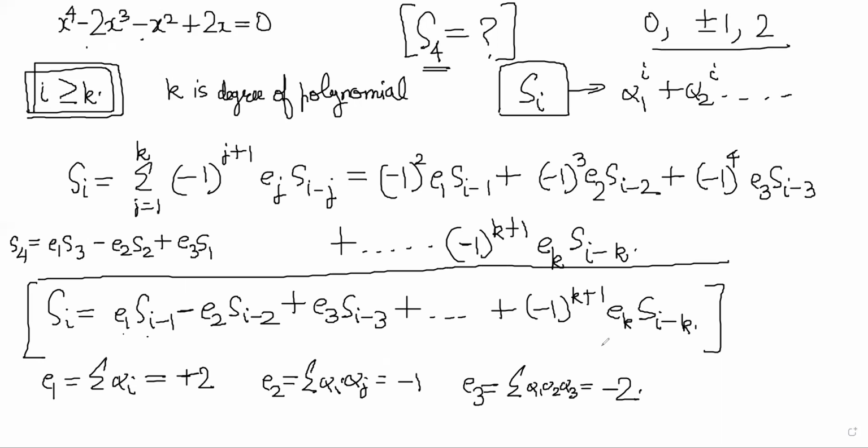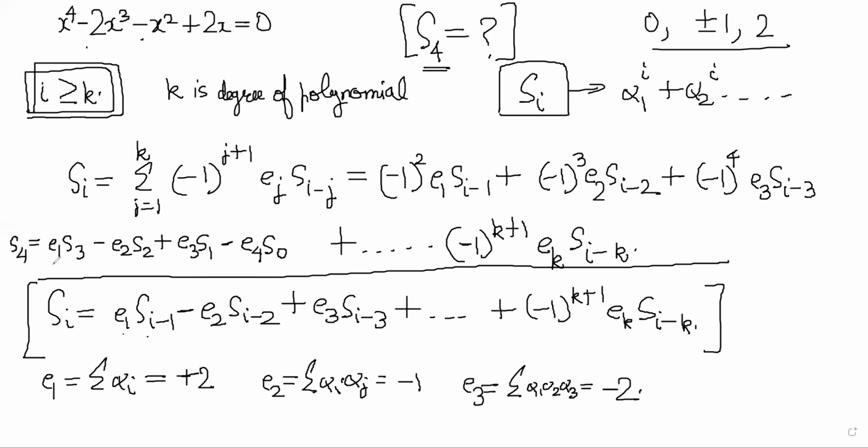And you will go till k, so 4, you will go till 4. So next term is minus E4 S of i minus k, that is S0, right? You're going till S0 term. You have already reached E3 S1.